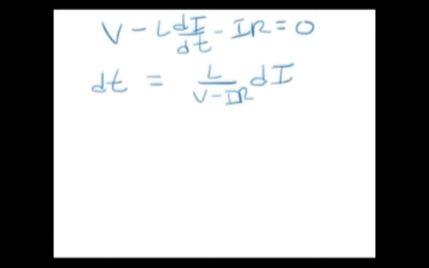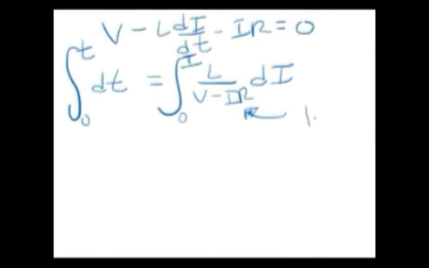Now note that the variable we are integrating over is in the denominator, and to solve this problem you will have to do some substitutions. We basically want to integrate from 0 time to some time t, and from the initial 0 current to some current I.